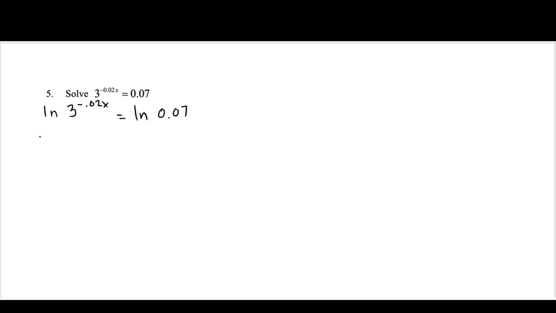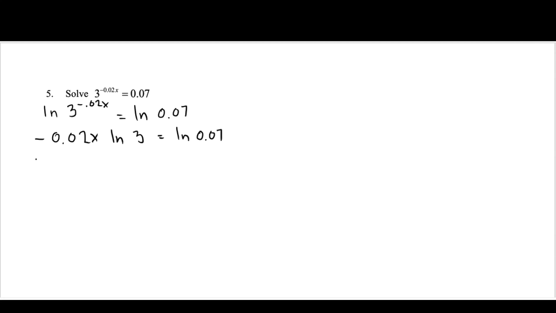Bring the exponent out front, so I get negative 0.02x times ln 3 equals ln of 0.07. And then to solve for x, you just divide by everything that's not x over here, right? So you divide by negative 0.02 ln 3.